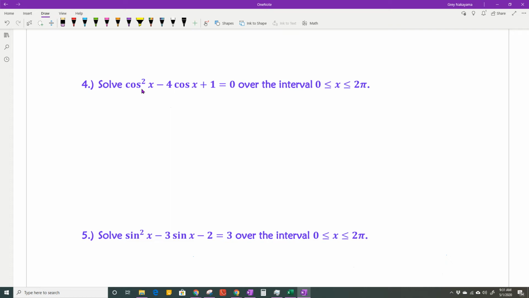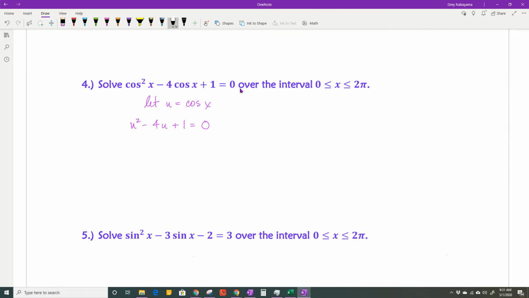And I'm going to let u equal the cosine of x. I'm picking the one that's not squared. So if u equals the cosine of x, then u squared equals cosine squared x.